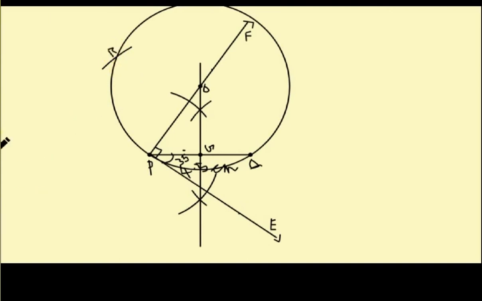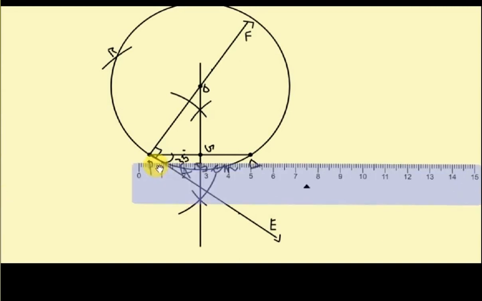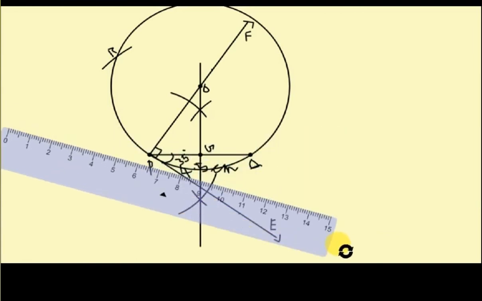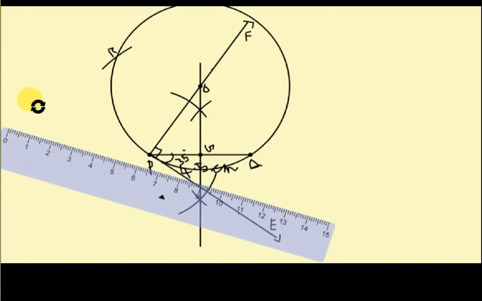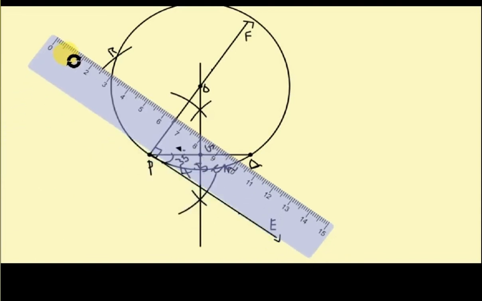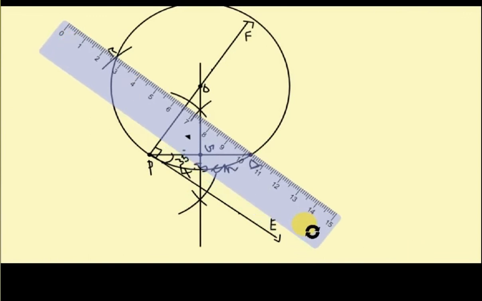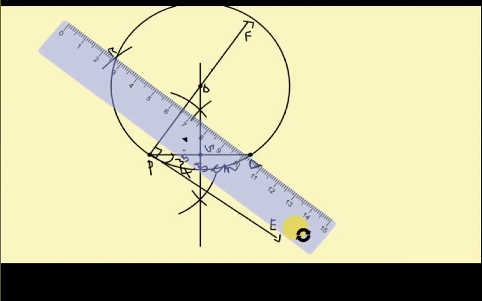So now we want to mark that point as R. Now we are going to connect the points R and Q with the help of a scale. You should connect carefully. Now we are going to draw a line over it.